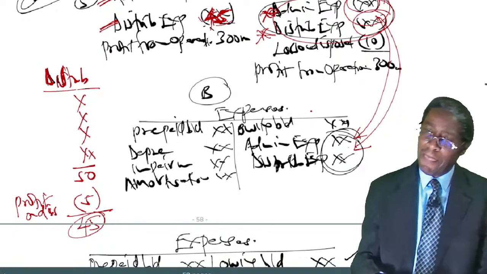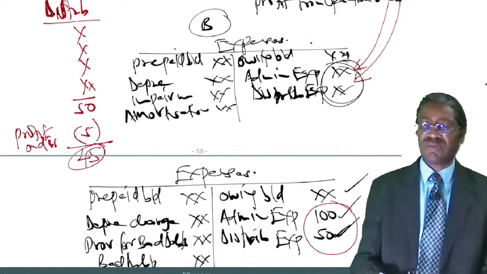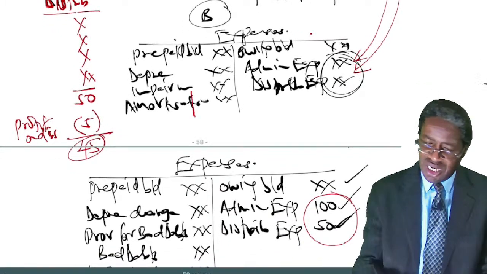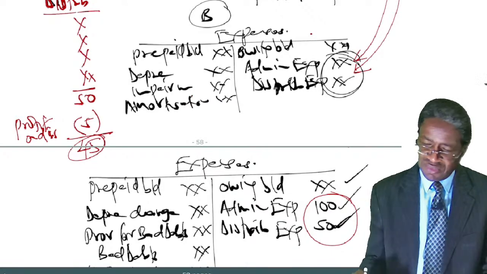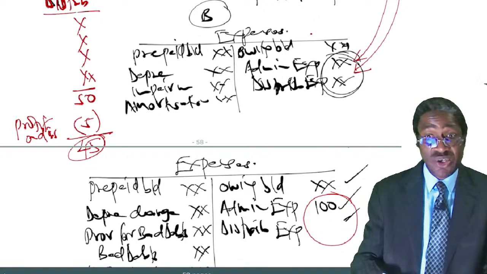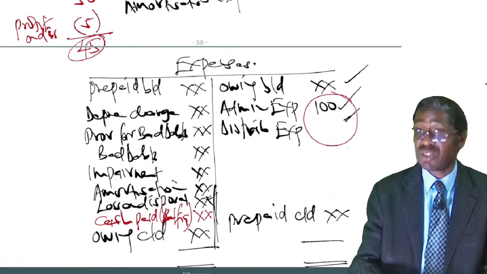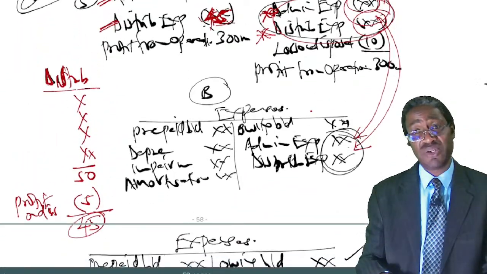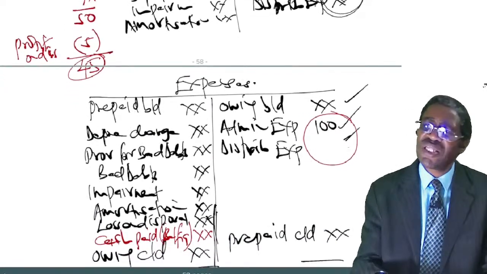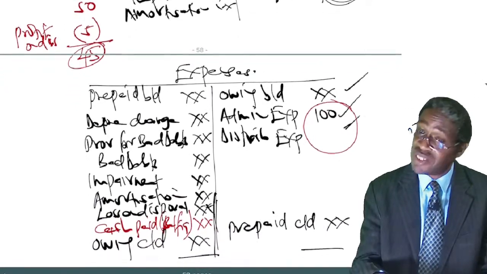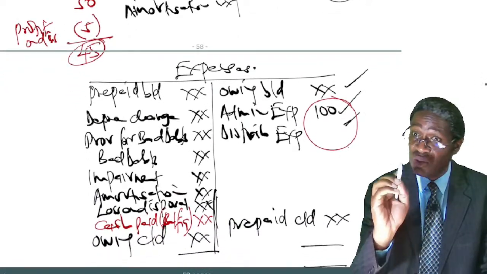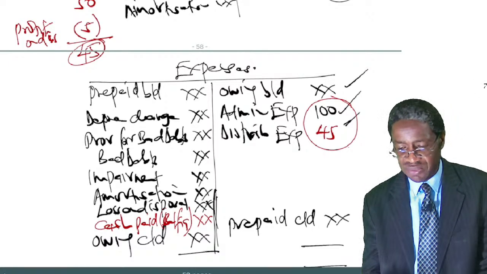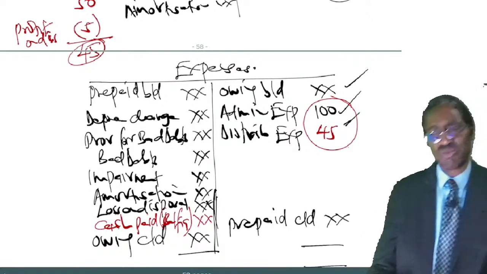Listen now. If that is said, you brought in your income statement, your P&L account, 45 here. This 45 is called distribution. When you are preparing the expense account for this accountant A, you took that 45 and brought it here as your distribution expenses.